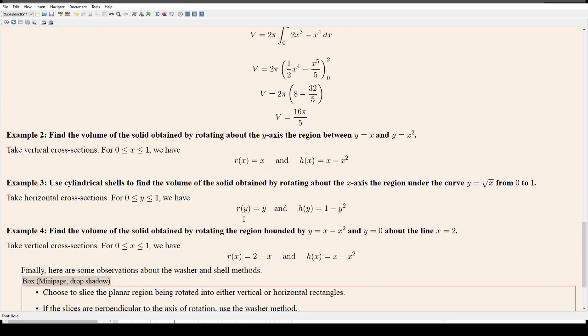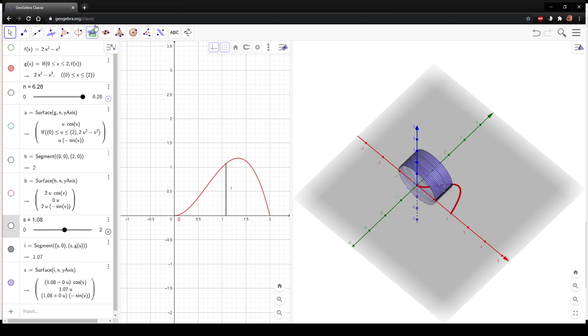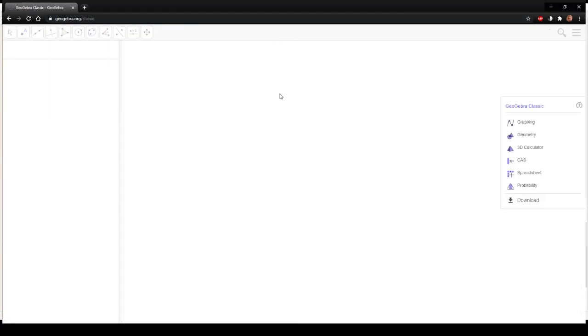Okay, next. Find the volume of the solid obtained by rotating about the y-axis the region between y equals x and y equals x squared. Okay, so let's move on. Let's move over to GeoGebra and take a look at what this region is. So let's get a fresh slate.